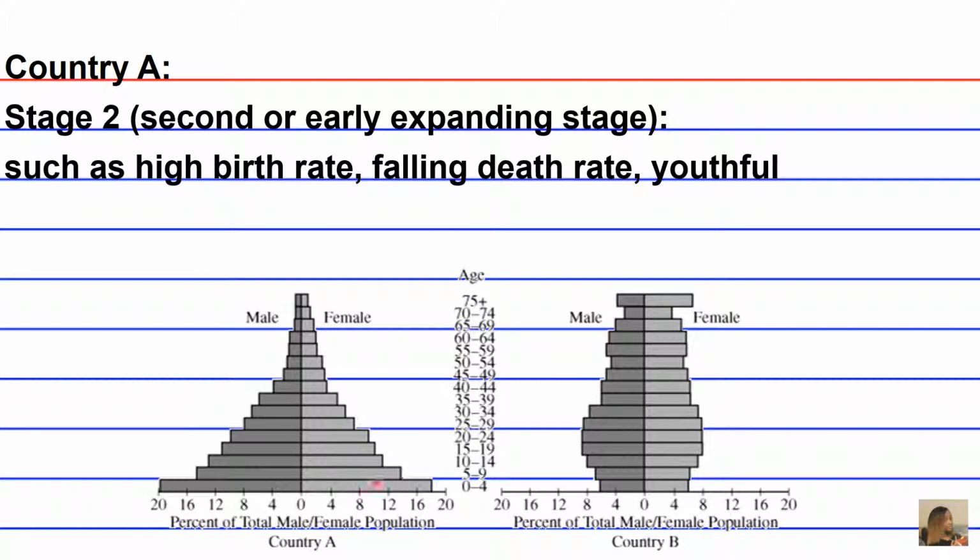We can see at the bottom of the pyramid for ages 0 to 4, there's a high birth rate. It might not be so apparent, but for those countries that are in stage 2, there's a falling death rate. There's a large youthful population, and overall, in terms of its economics, it's considered a developing country.